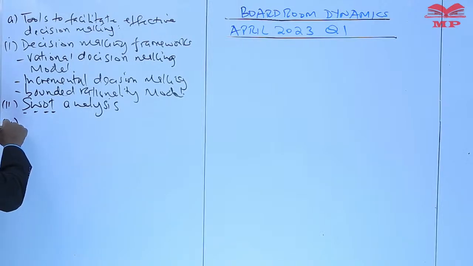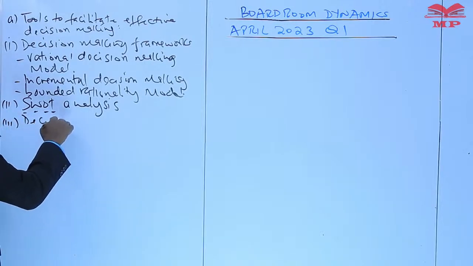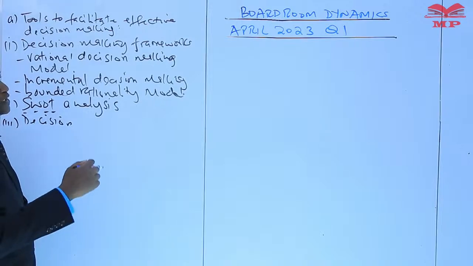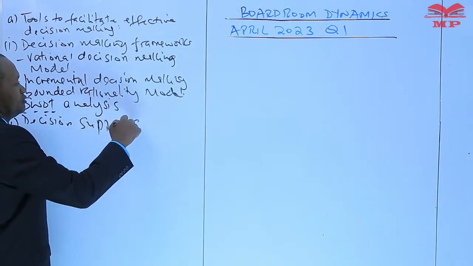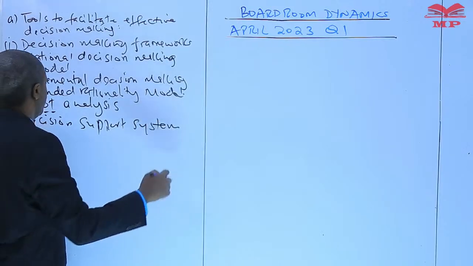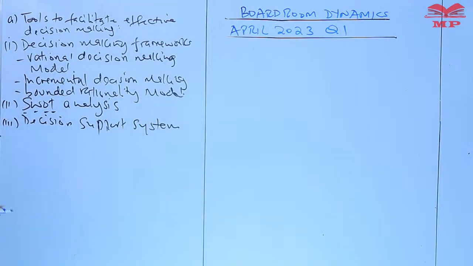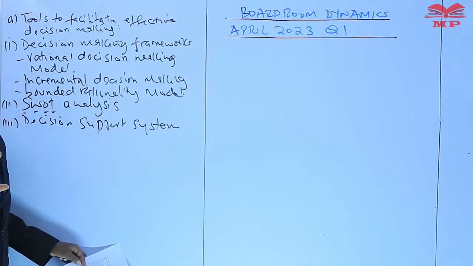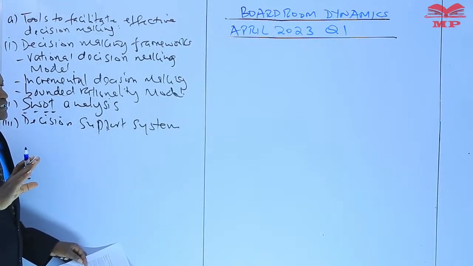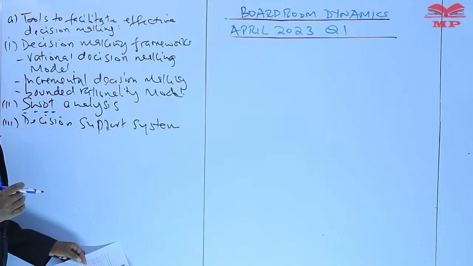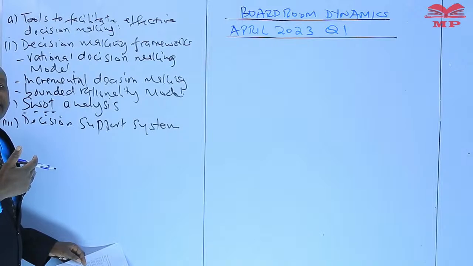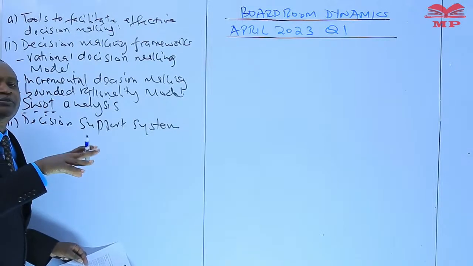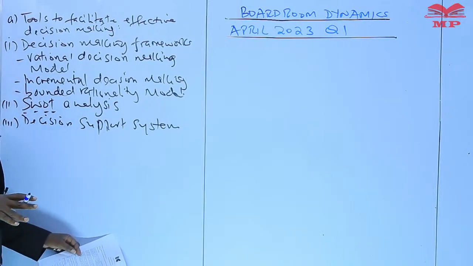3, decision support system, the DSS. The company can introduce DSS software that can provide directors with analytical tools and real-time data for making informed decisions.